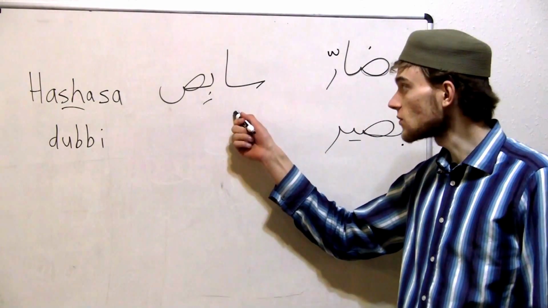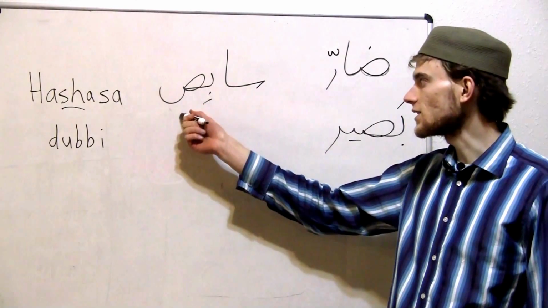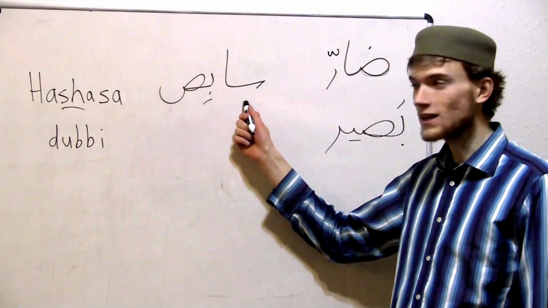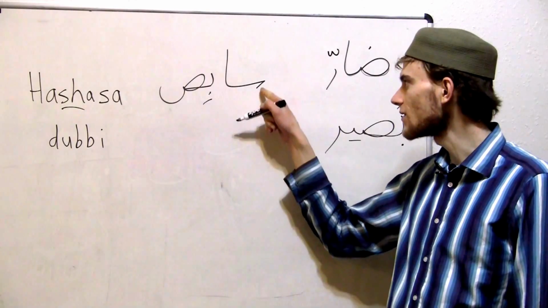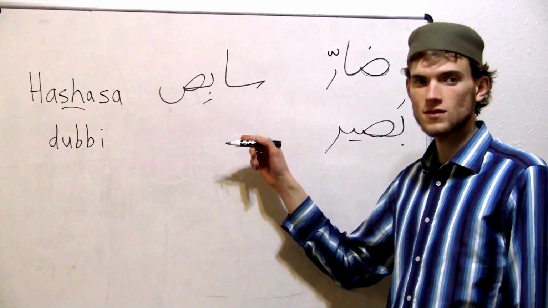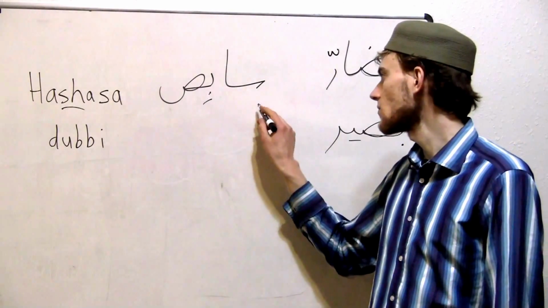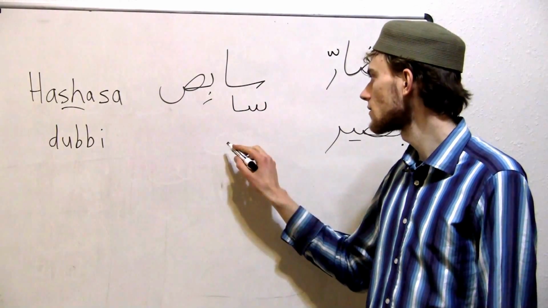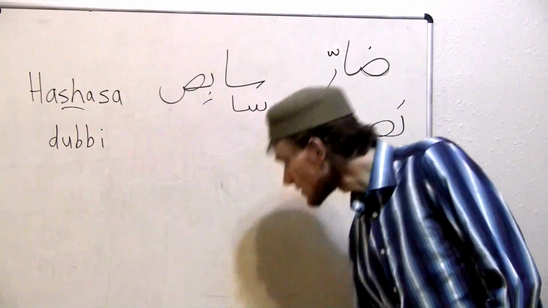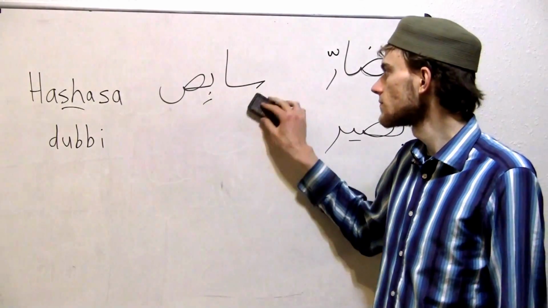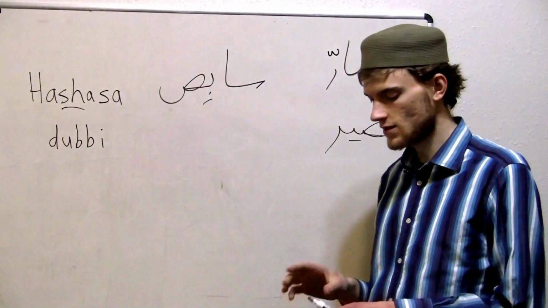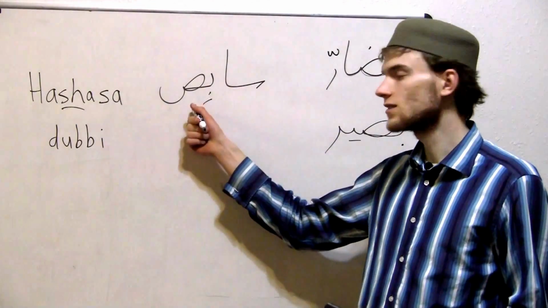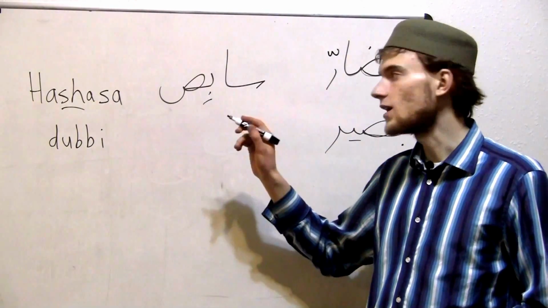Okay. Now this one, 4 letters here, what are they? Right. This is a sin. Notice how I'm doing it in the way that's typically written, handwritten, not with all the teeth there. So sin, then what? Alif, and then ba, and what's on the ba? Kasra, and then sad. Right.